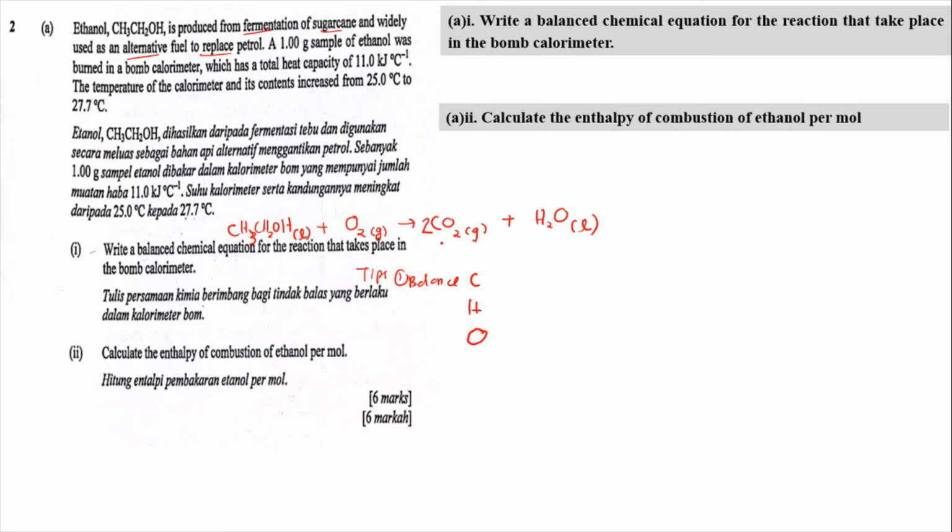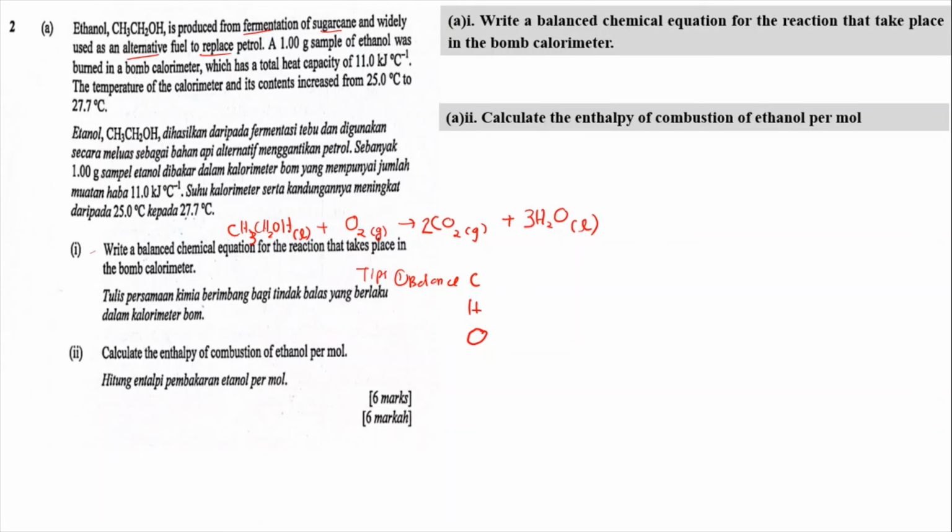So carbon will have 2, 1 and 2 here, so you need to put number 2 here. Okay, and now for the hydrogen, it's gonna have H3, H2, H. So you're gonna have 6 hydrogen, so you're gonna put number 3 here. Okay, so 2 carbon, 6 hydrogen, 2 carbon and 6 hydrogen, and then for oxygen we're gonna have 4 plus 3, 7.